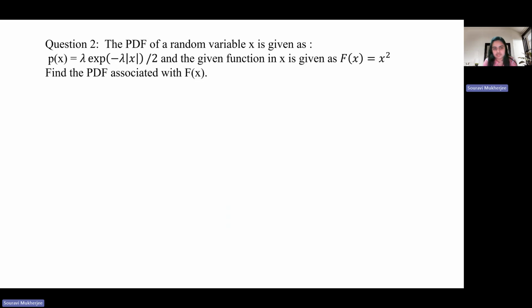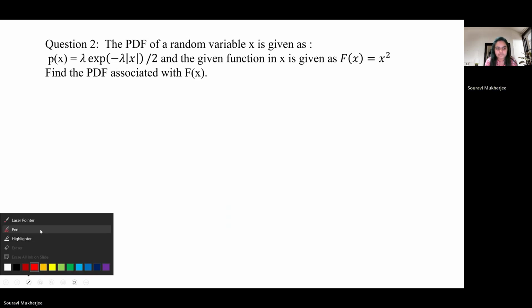Now, this is quite an interesting question, and it can come up as different numericals or in different contexts. It says that the probability density function of a random variable x is given as p of x as this.